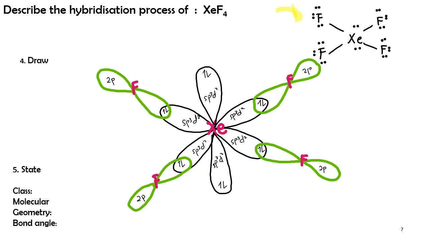Okay, so make sure you label all the orbitals, and for xenon you have 6 orbitals, the one in black, and then make sure you label sp3d2 for each of them, and 2 of them adalah lone pair.